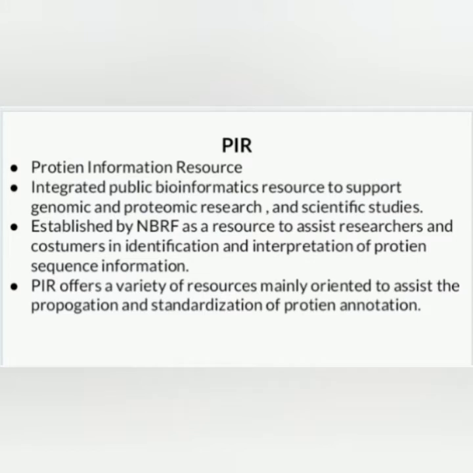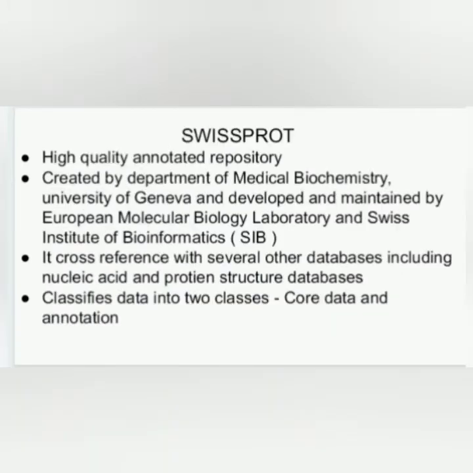PIR, Protein Information Resource, is an integrated public bioinformatics resource to support genomic and proteomic research and scientific studies. Established by NBRF as a resource to assist researchers and customers in the identification and interpretation of protein sequence information, PIR offers a variety of resources mainly oriented to assist the propagation and standardization of protein annotation.